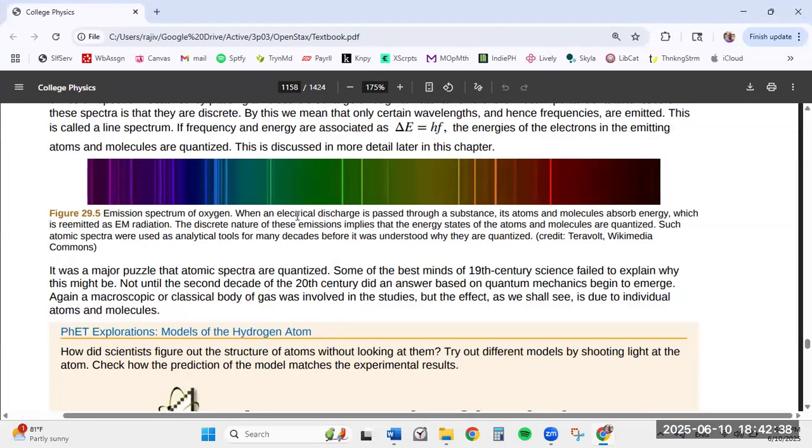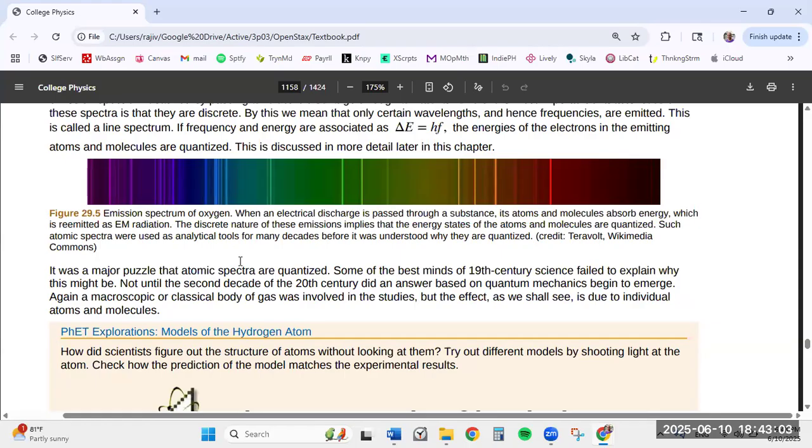And as you can see, it's these lines that you find in pretty much the entire spectrum. So there's a red line here. There are two green lines and so forth. So as you can see, it's very discrete. There are only certain values. It's not a continuous glow, but you see these sharp lines of high intensity light.